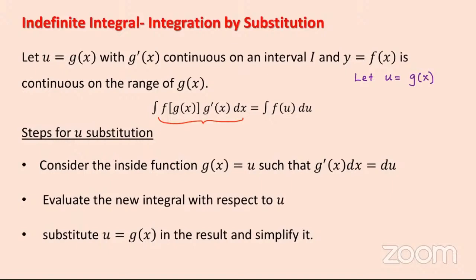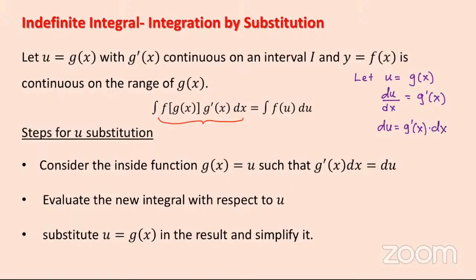Then we find the derivative of that function. So we differentiate U with respect to x. So it will be du over dx is equal to the derivative of g of x, which is g prime x. Then if I multiply on both sides by the differential dx, we get du equal to g prime x times dx.